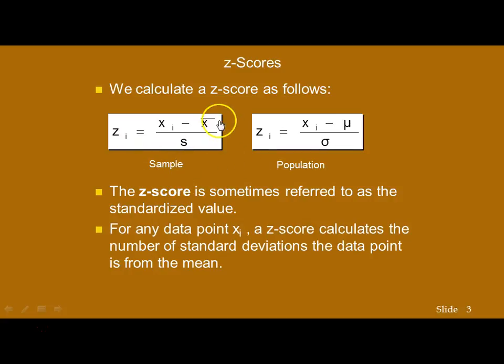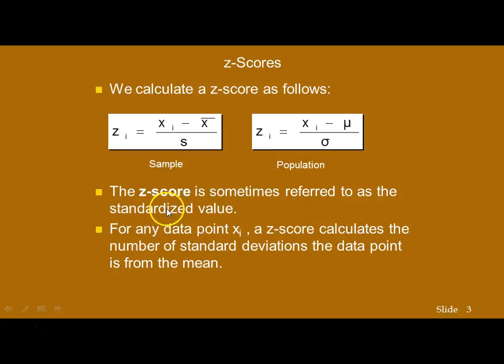For a sample, the sample mean, remember, is x bar, and the sample standard deviation is s. So for any value in your sample data, let's call it xi for the ith value, you simply subtract the mean, divide by the standard deviation to get the z-score for that value. Similarly for a population, the mean is mu, the standard deviation is sigma, xi minus mu over sigma gives you the z-score.